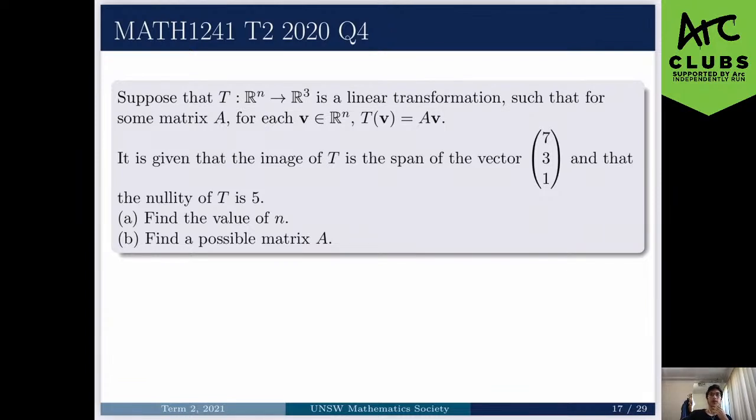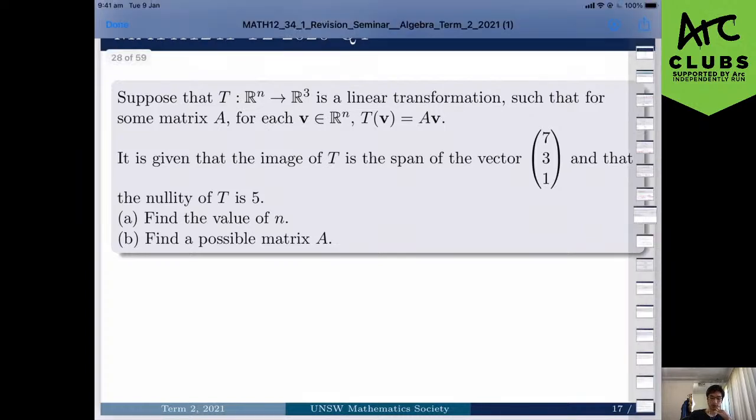The image is kind of trivial, it's just a line. So the dimension of the image, also known as the rank, is 1. The rank is 1, the nullity is 5, and the domain is R^n. So by the rank-nullity theorem, n is going to be 1 plus 5, which is 6.